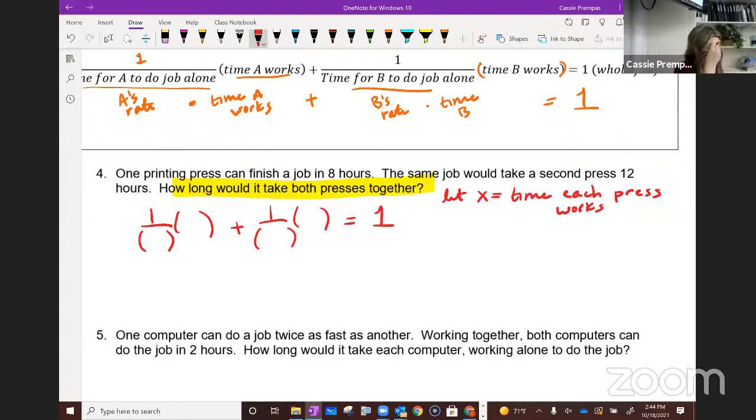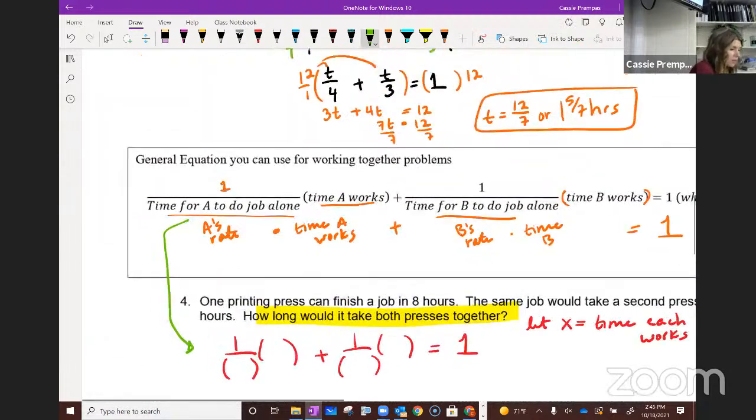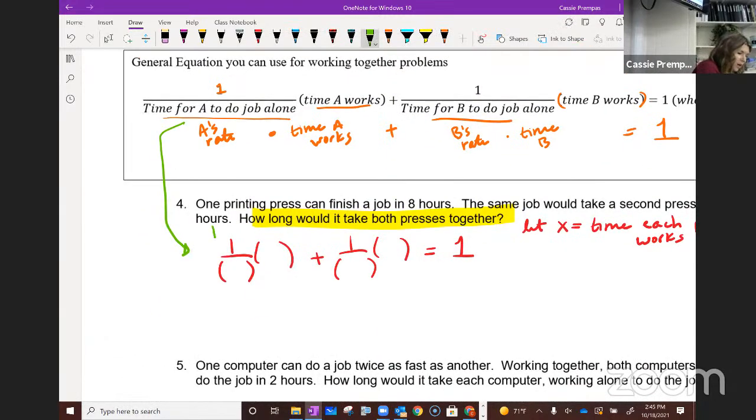If you are more of a words person, you might want to fill that in. 1 over how long does this person take to do the job alone? How long does this person take to do the job alone? Since it is already in words right here, I'm going to go ahead and just fill this in. So we'll call this press 1 and this press 2. So that's person A and that's person B. Let's see what we can fill in.